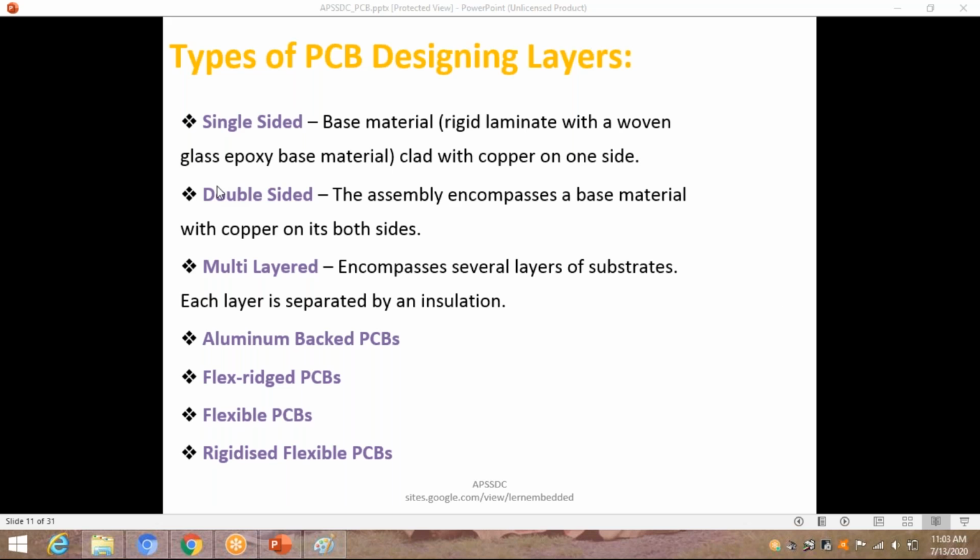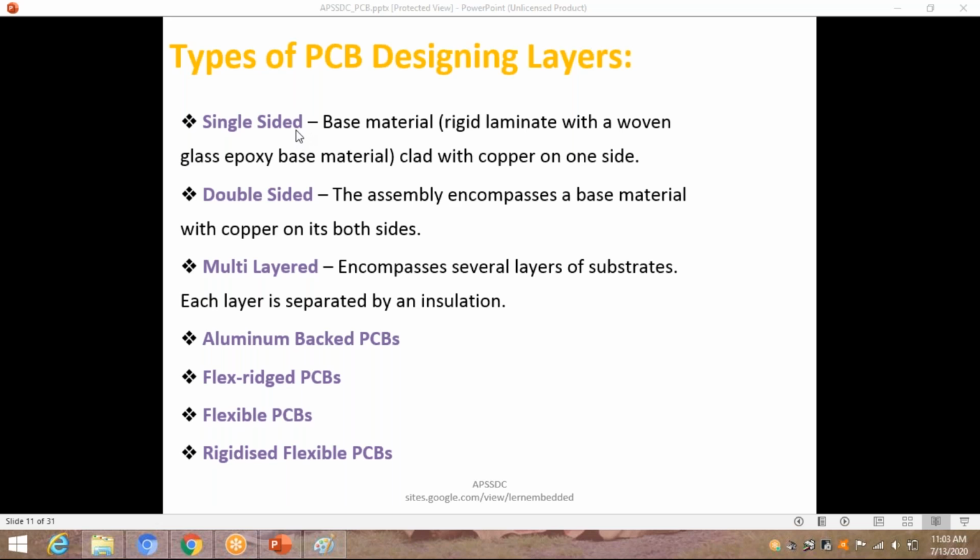Okay, coming to the double-sided PCBs. Here you will find the conducting material on both sides of the board. On the top side you will have the copper, and on the bottom also you will have the copper conducting material. Is it clear, guys? Yes, sir.